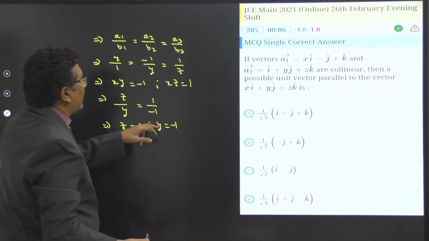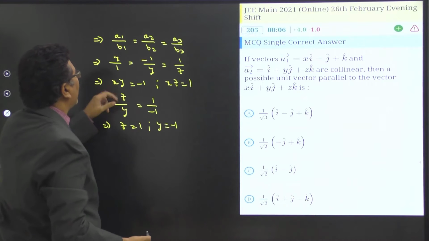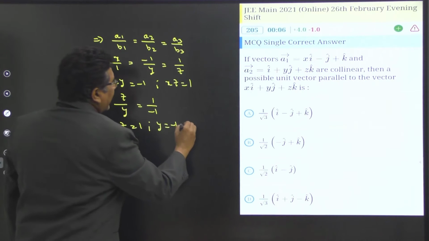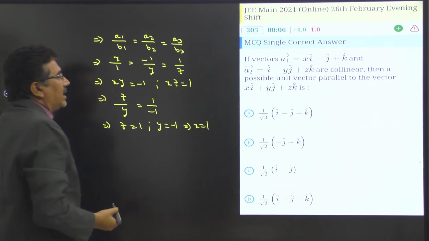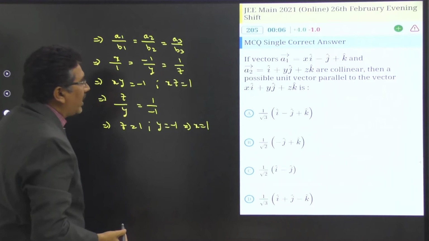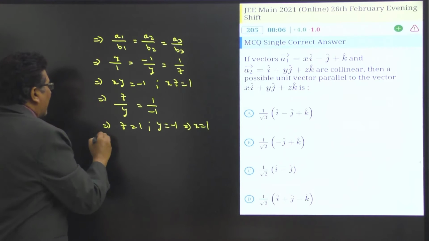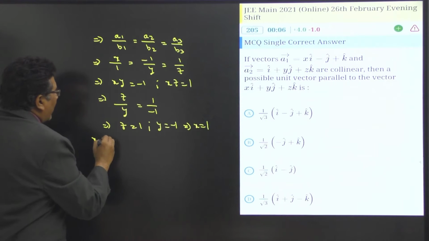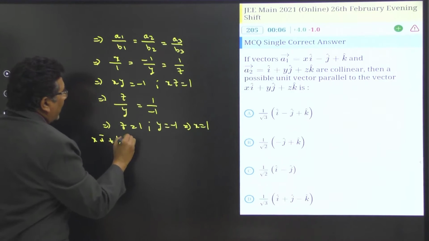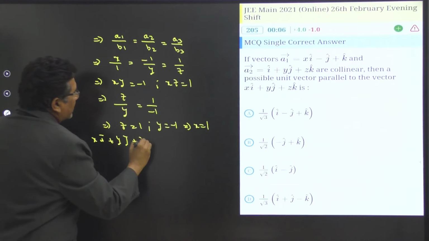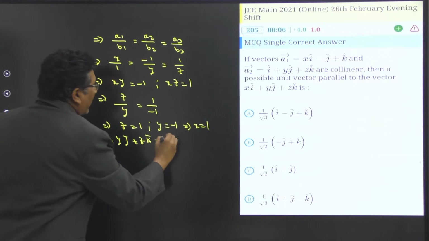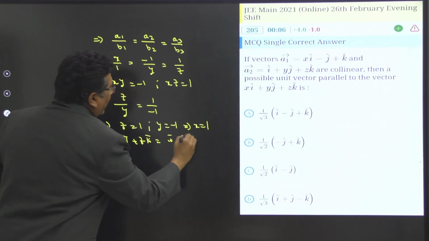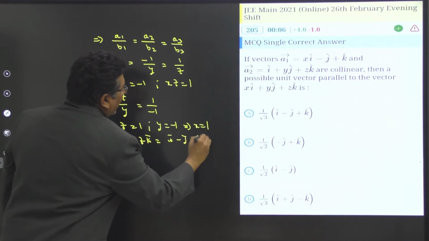If y is equal to minus 1, that implies x is equal to 1. Therefore, the required vector xi bar plus yj bar plus zk bar, first this vector, is equal to i bar minus j bar plus k bar.